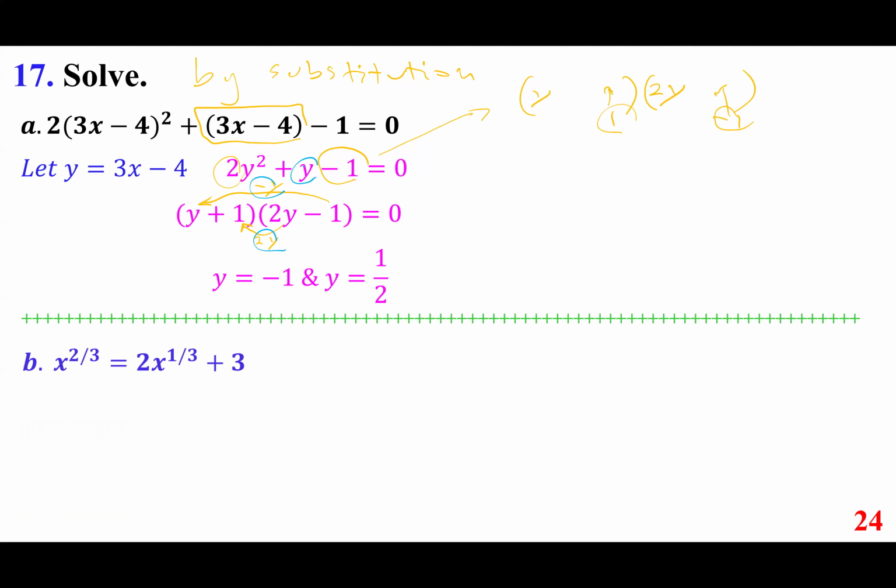However, we are not done with x, so we write 3x minus 4 equals those.